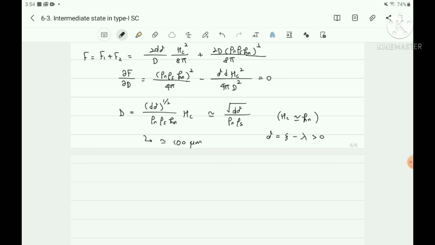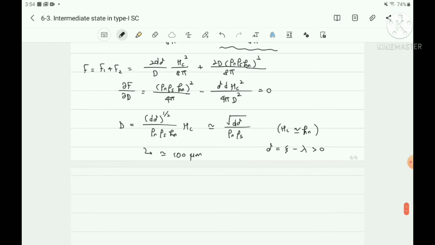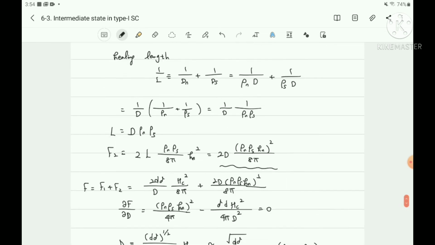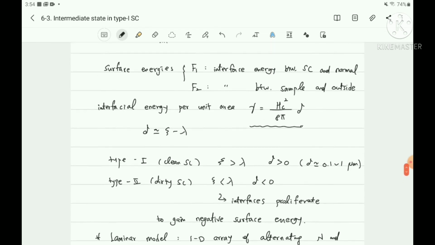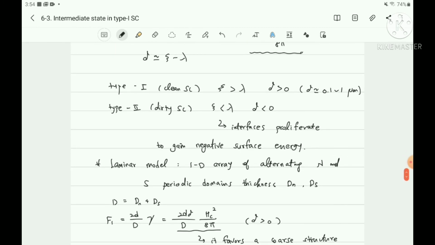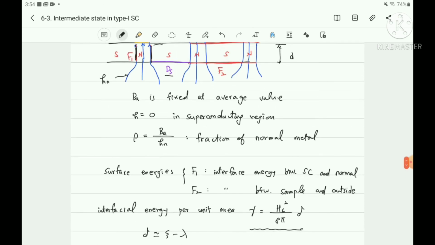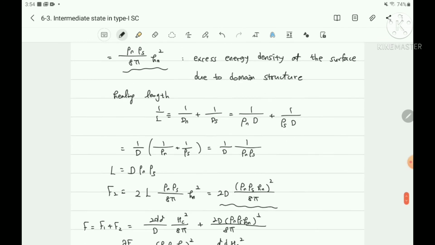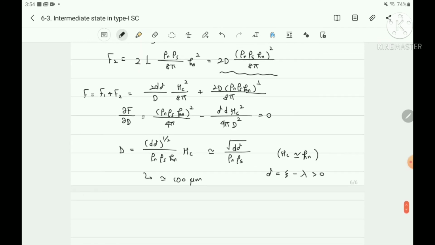Also, let's find the critical magnetic field, which is an important property to describe the superconducting state, along with Tc and Hc. Let's think about it here. First, the surface free energy and domain structure.